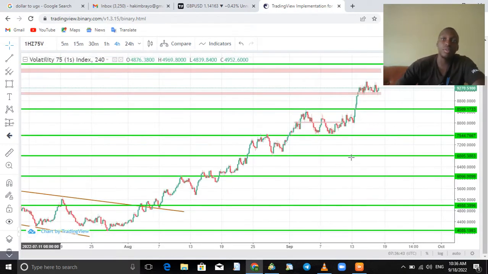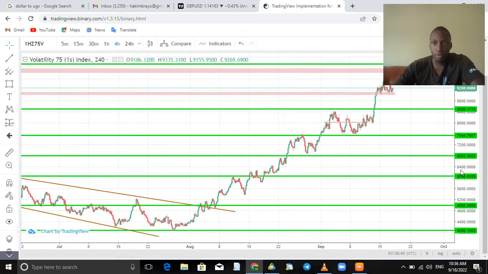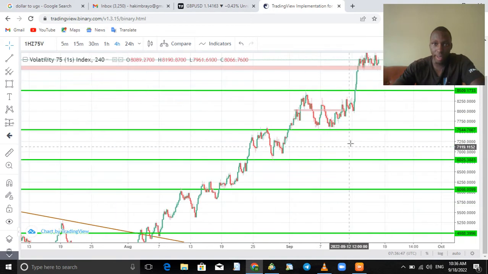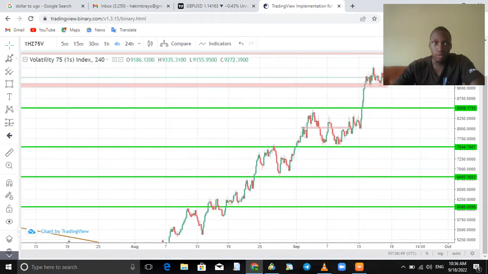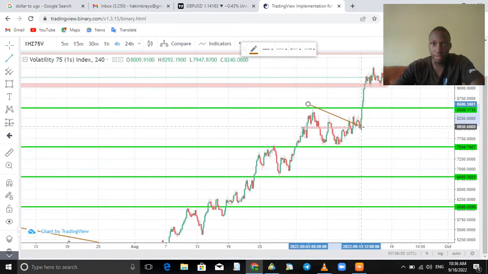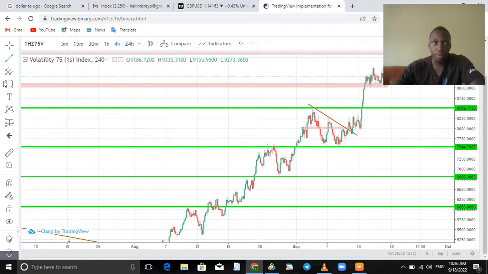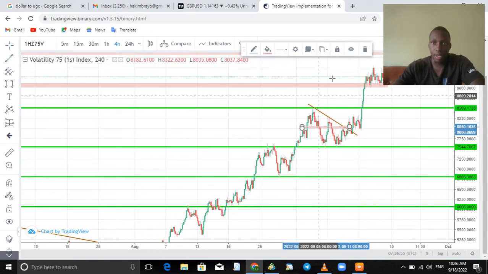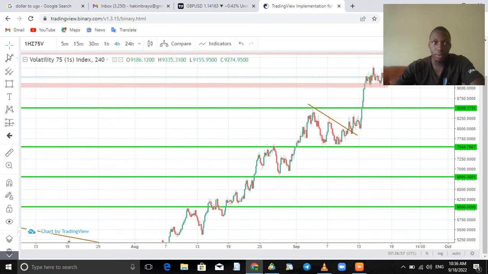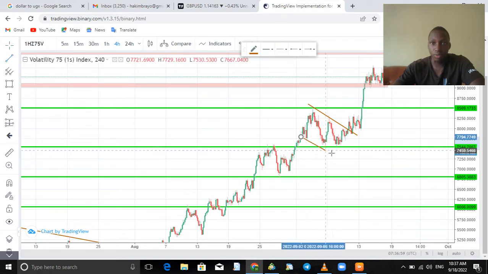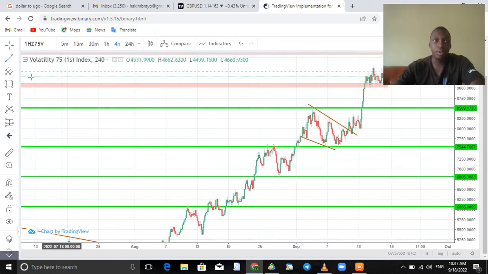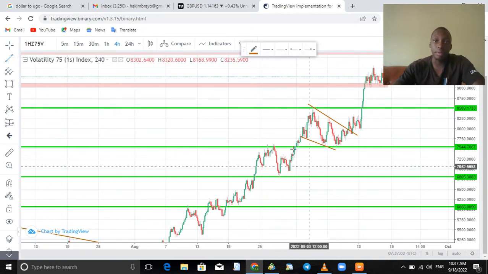which is hour 4. Now when you go to hour 4, you can clearly see that we were experiencing a lot of continuation patterns, which were pushing the price to the upside. So whenever you see a continuation pattern, it can be a pennant, it can be a flag or wedge.